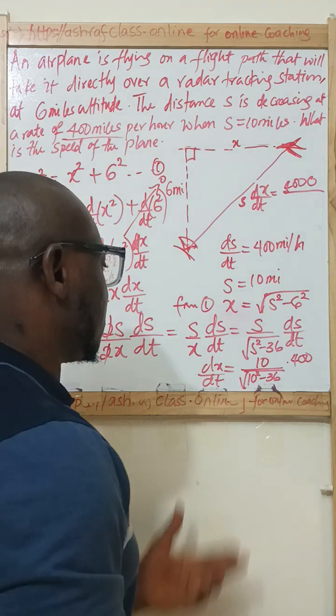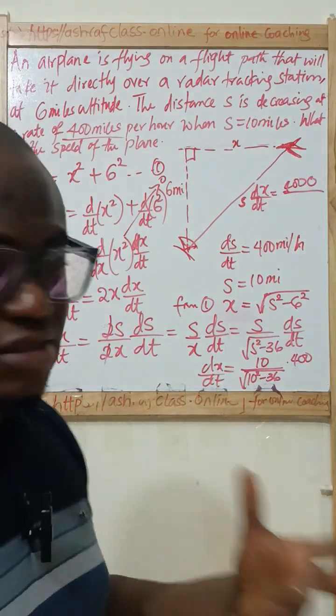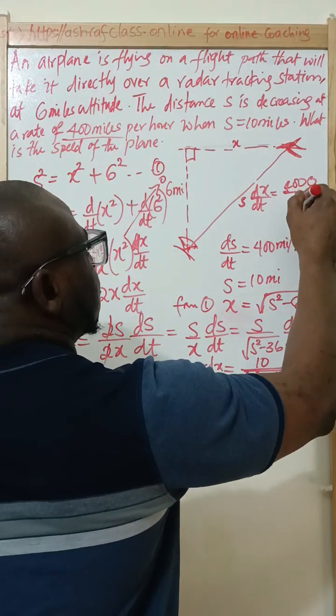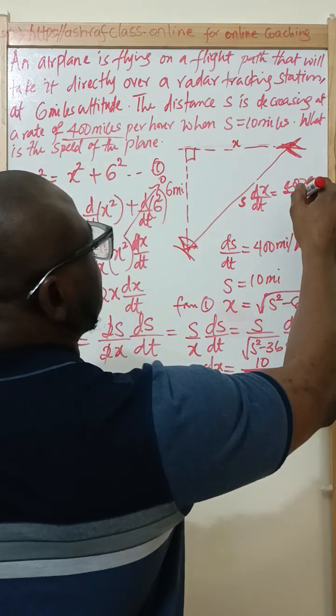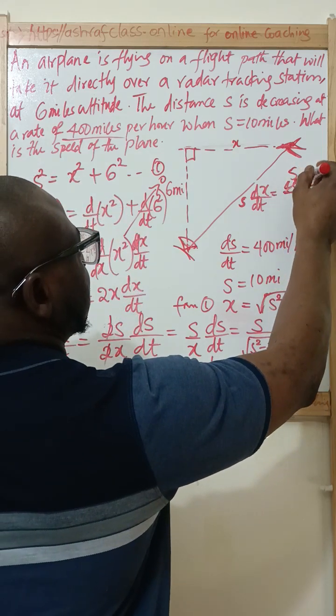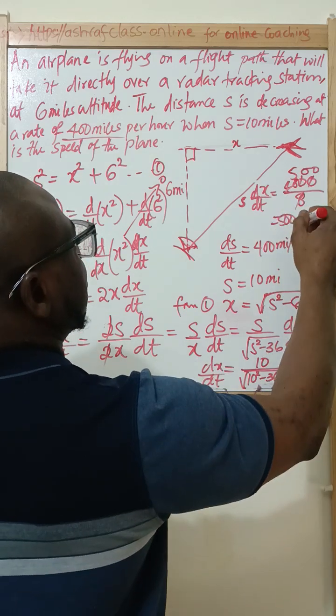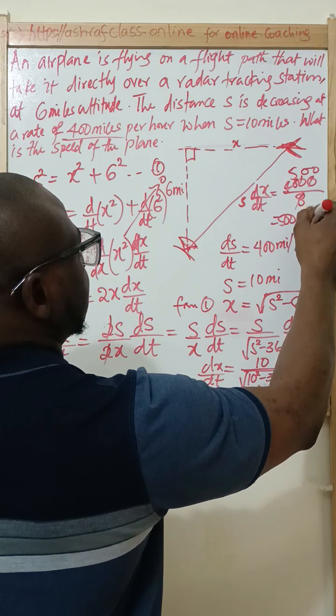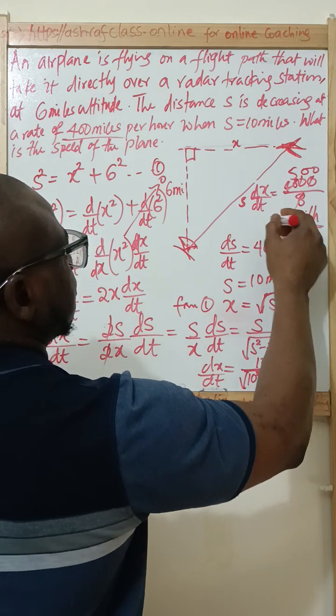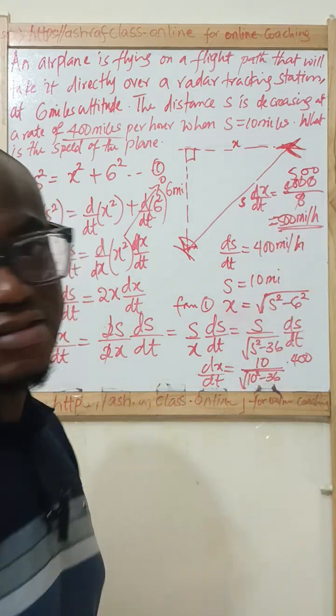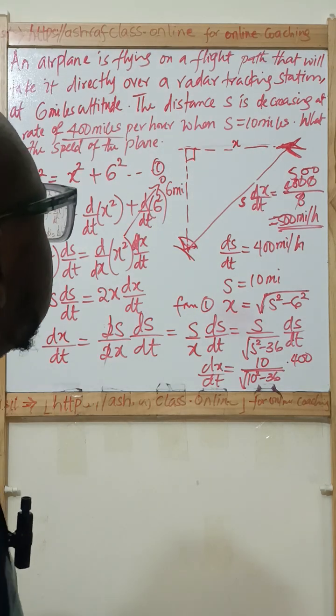And the square root of 64 is 8, right? So 4,000 divided by 8 will be 500. So this is going to be 500 miles per hour. Okay? So that's the speed, dx/dt, that's the speed. Okay, so that's the answer.